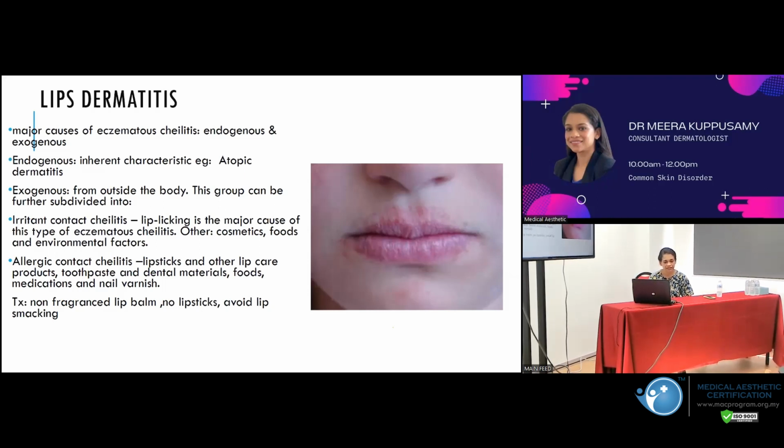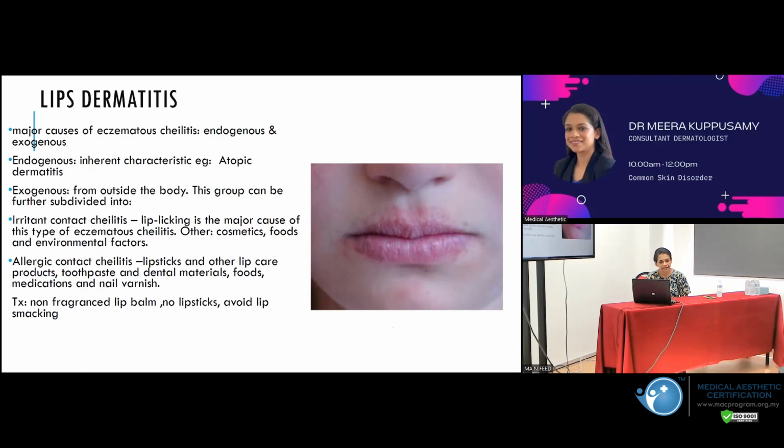And lipsticks, foods, especially foods with artificial coloring, and environmental factors like smoking or exposure to other allergens, like braces, metals. A lot of elements for lip dermatitis. I find it quite difficult to treat.